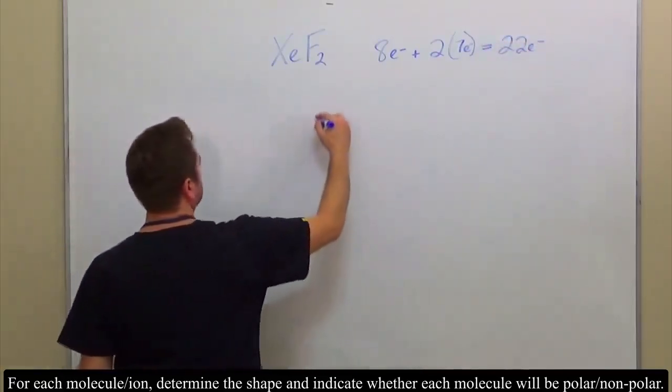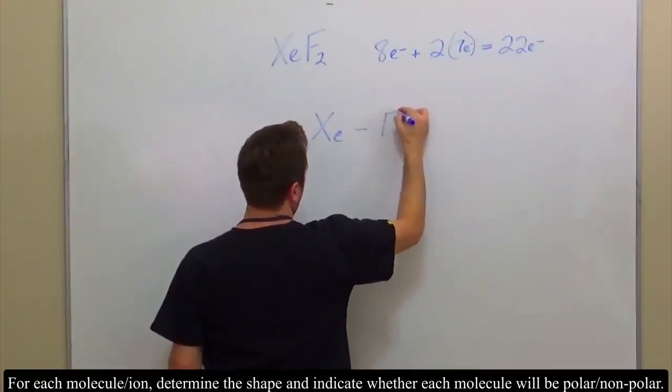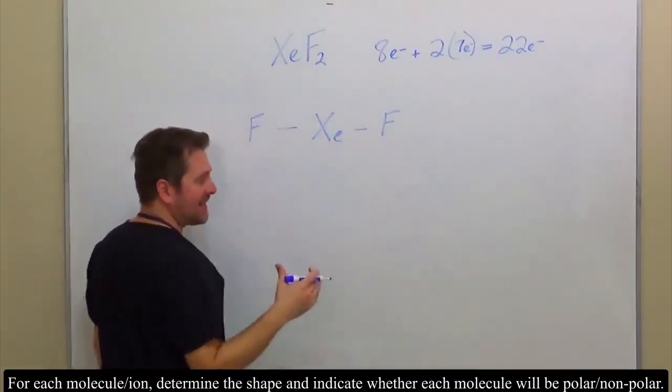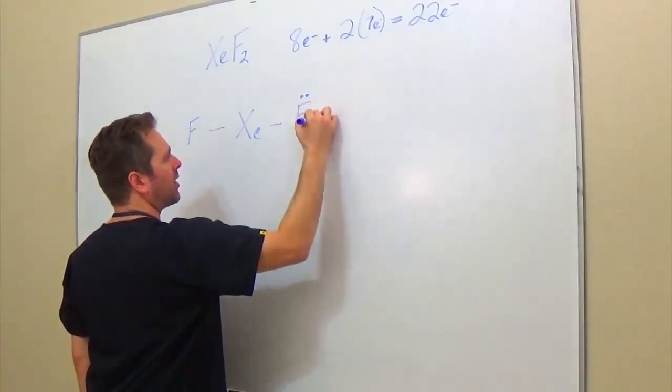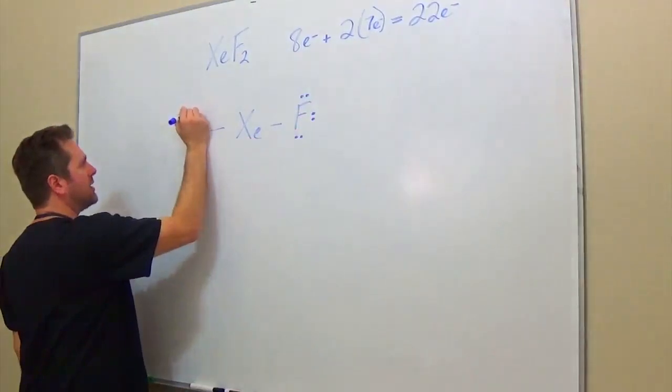All right, let's set it up. So xenon would be in the middle, and on each side of it would be a fluorine. Let's go ahead and complete the octets on the fluorines, and then we'll do our accounting for the electrons and see how many more we actually need.